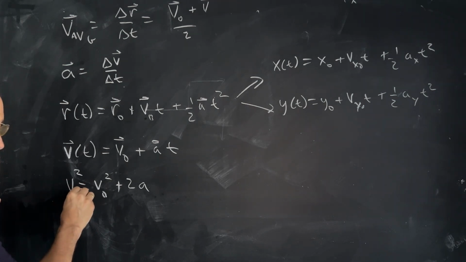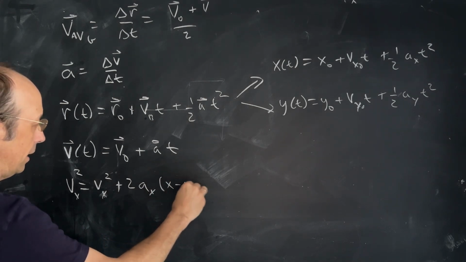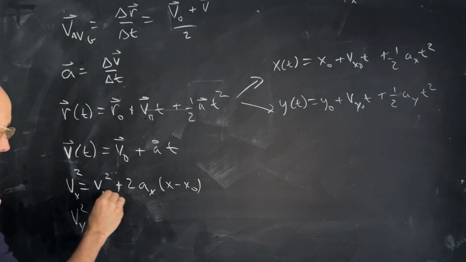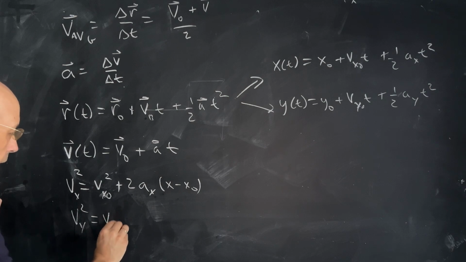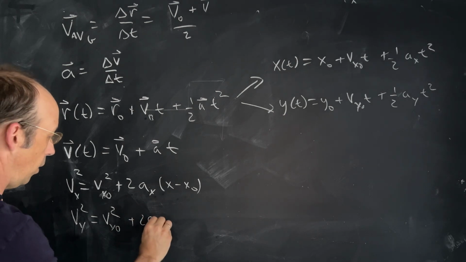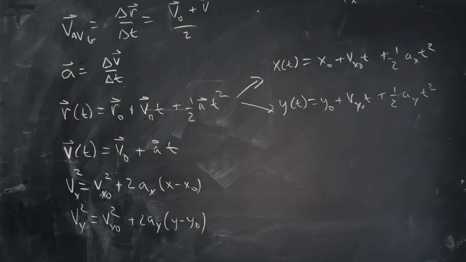So vx squared equals vx naught squared plus 2ax times x minus x naught, and vy squared equals vy naught squared plus 2ay times y minus y naught. Those two are really the most important ones.